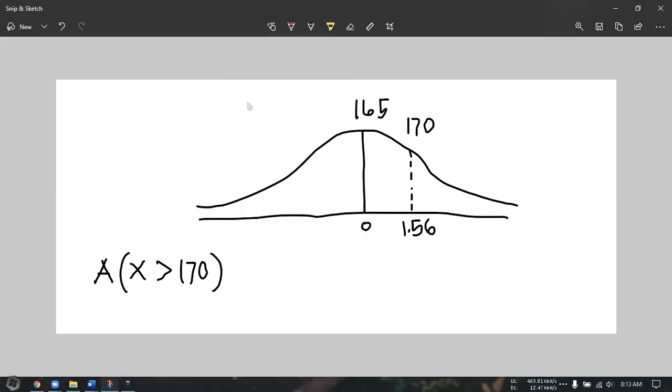The right side, very good. The direction of your inequality tells you whether to shade the left side or the right side of the given value. Since this is greater than, this is taller, we'll be shading this. We're looking for this area.